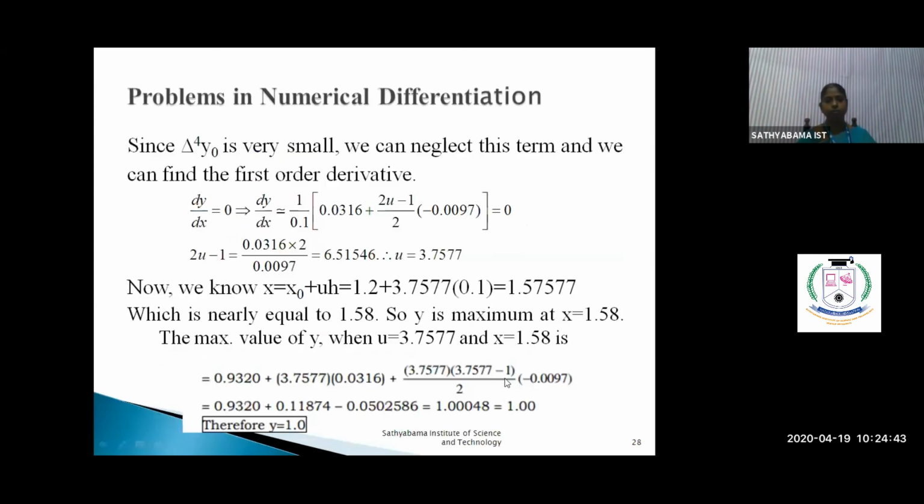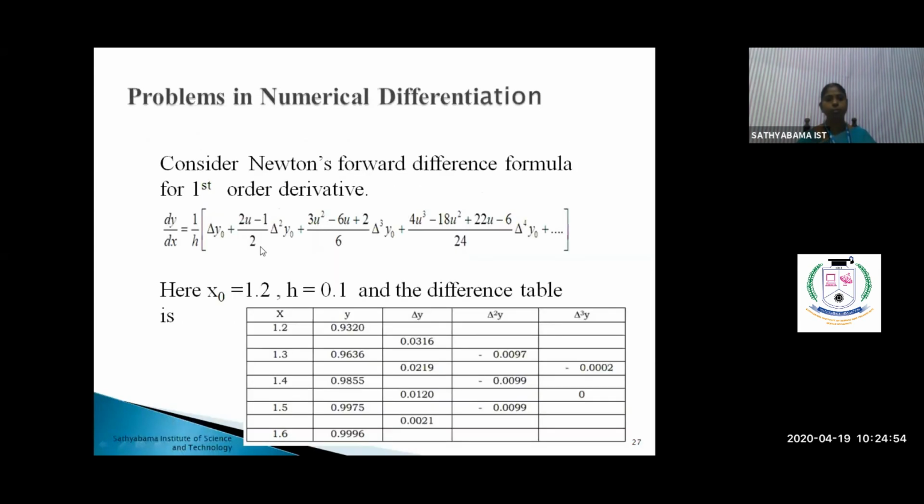So what I have written: dy by dx equal to 0 is 1 by h [delta y naught plus (2u minus 1) by 2 delta square y naught].